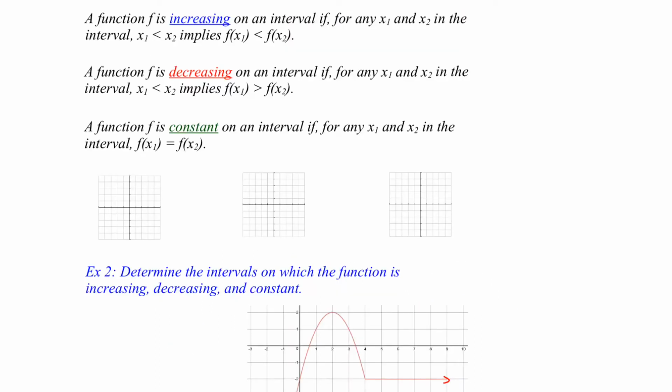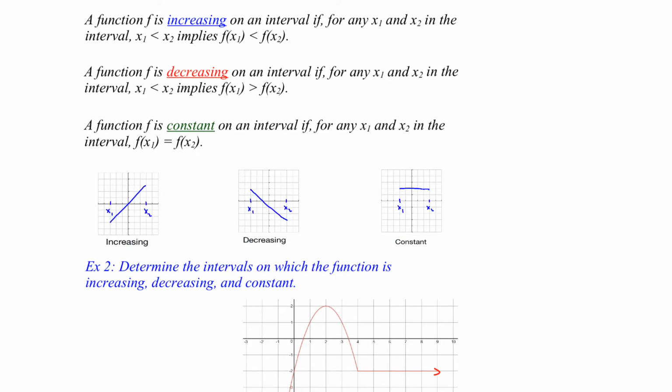The next part of functions that we'll talk about is increasing, decreasing, and constant. And so you can read through these 3 different definitions, but you know what an increasing function is. If it's getting larger, as x gets larger, is y getting larger, smaller, or is it staying the same? And so from the 3 graphs, you can see the first one is increasing. As x increases, y also increases.